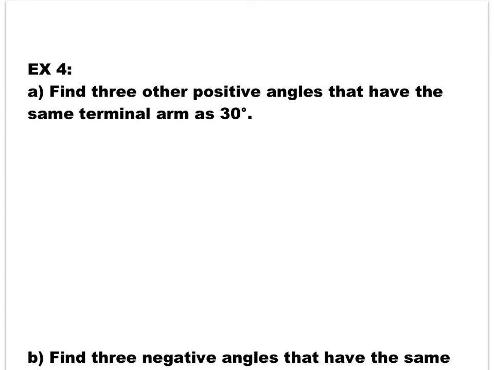The next question says find three other positive angles that have the same terminal arm as 30 degrees. So we start with 30, and because we want positive angles, we are going to go counterclockwise. Remember, this one is plus or minus 360 times n, but since we want positive, forget about going clockwise. So we have to solve 30 plus 360n.